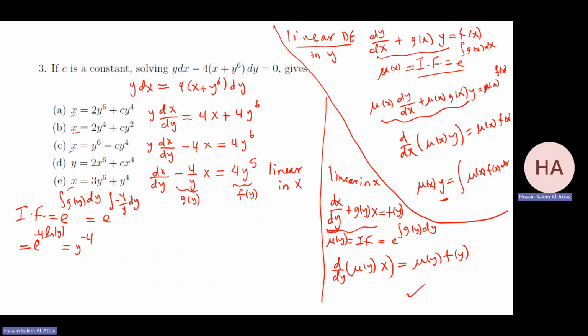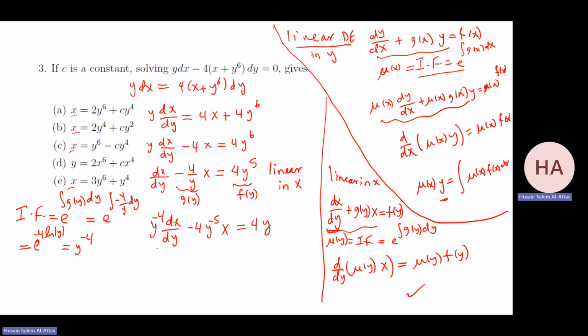Okay, so that's my integrating factor. Multiply everything by y to the power minus 4. So you have dx over dy minus, this is y to the minus 1 minus 4, y to the minus 5 x equal 4y.